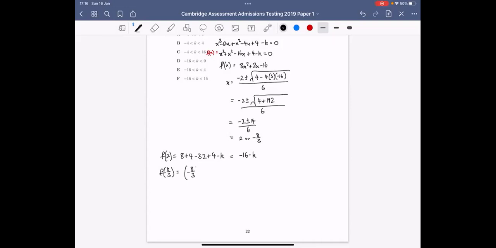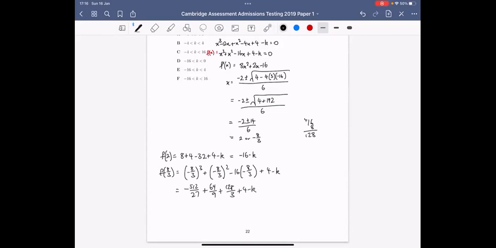Minus 8 over 3 cubed plus minus 8 over 3 squared minus 16 times minus 8 over 3 plus 4 minus k. 8 cubed is 512, so minus 512 over 27 plus 64 on 9. 16 times 8 is 128, plus 4 minus k.